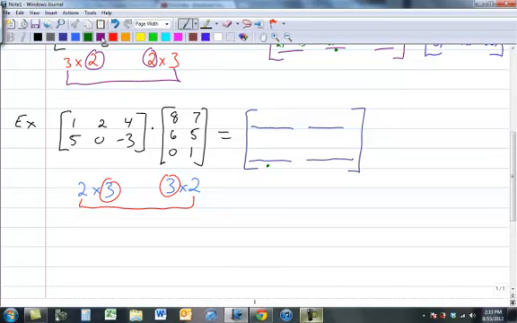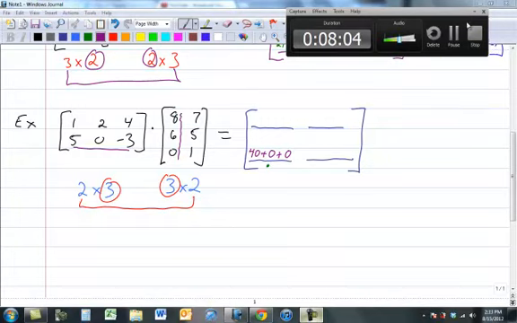So let's go to our problem here. Row 2, column 1. You multiply the corresponding positions and add them up. So 40 plus 0 plus, well, how about that? 0. All right, go ahead and figure out those other ones.